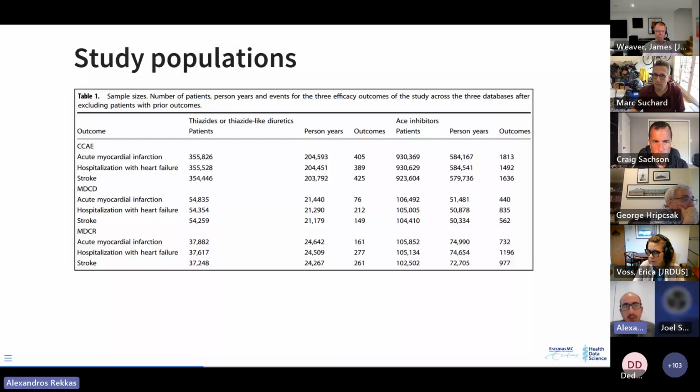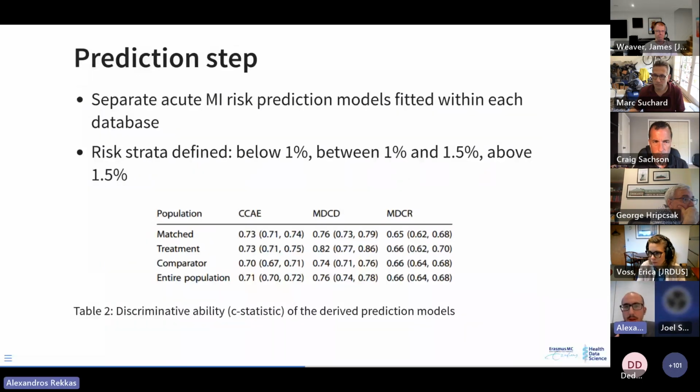Now, for the prediction step, we developed separate acute MI risk prediction models within each database. However, we use the same cutoff points within each database. So we separate the population into 3 risk strata.